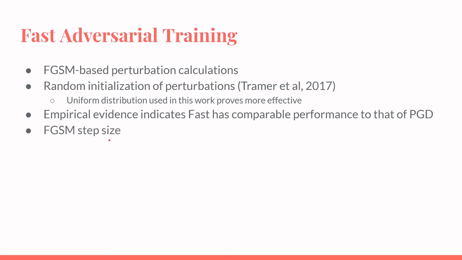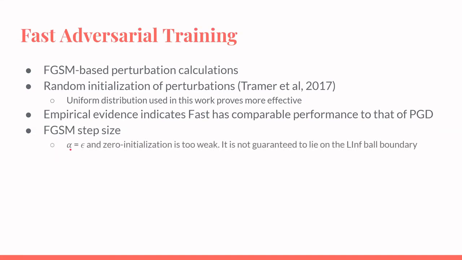When researching fast adversarial training and FGSM-based perturbation calculations, the authors of this paper found that if the step size is equal to epsilon and zero initialization is used, it's too weak, and the result is not guaranteed to lie on the L-infinity ball boundary, which of course is very bad.